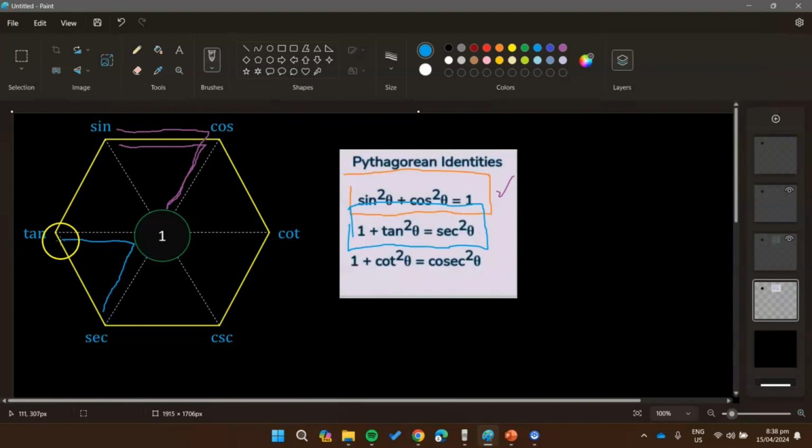Again, tangent squared plus 1 equals secant squared. And for the last one, this part right here, that is just equal to 1 plus cotangent squared equals cosecant squared. Again, that is 1 plus cotangent squared is equal to cosecant squared.